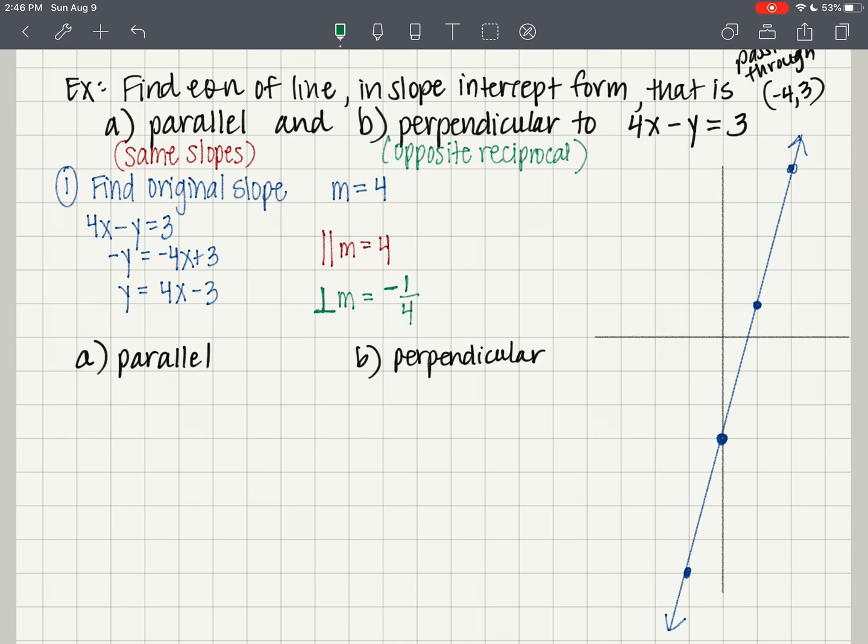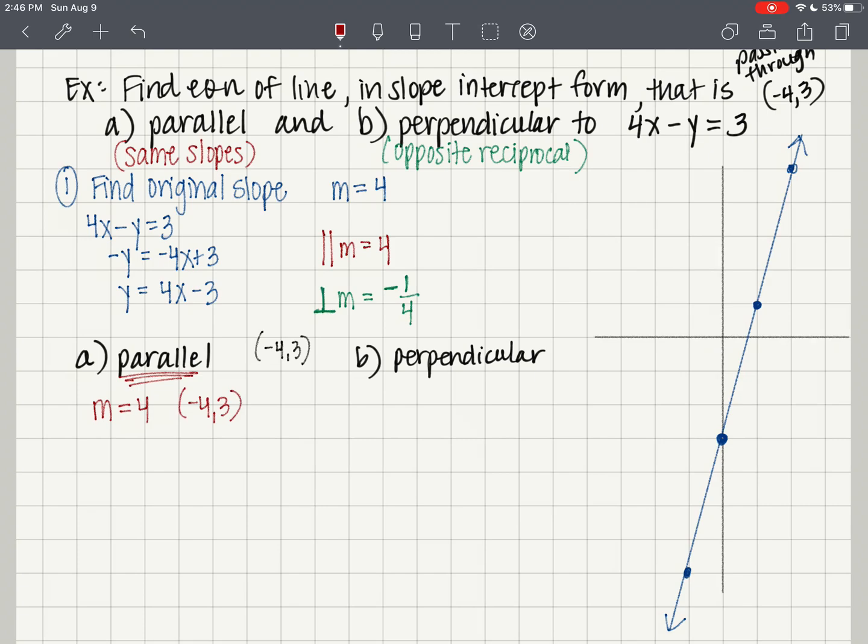And now I'm ready to write the equation of a parallel line that passes through -4, 3. I'm just going to rewrite that point here with a slope of 4. So my parallel slope is 4, and it goes through the point -4, 3.